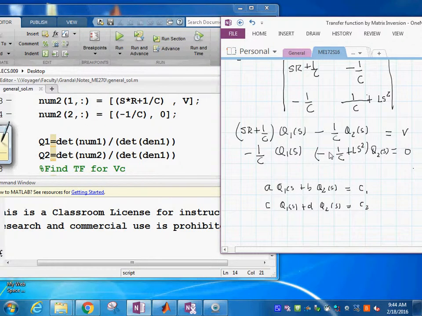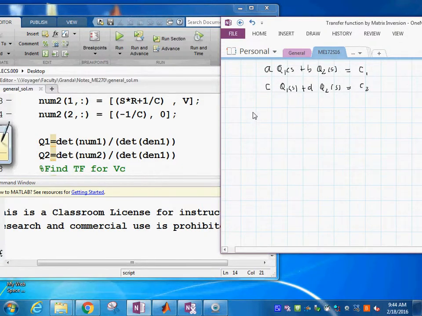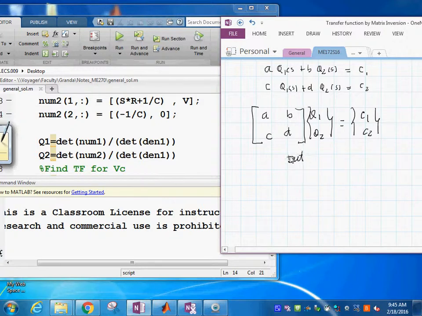But you can say, if you multiply both sides by the inverse of A, B, C, and D, and then multiply by A, B, C, and D, and then you have Q1 and Q sub 2 like this.